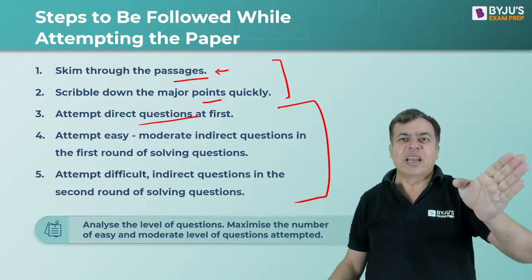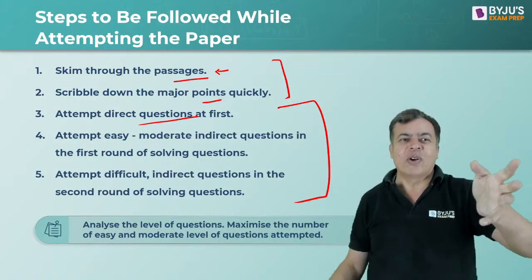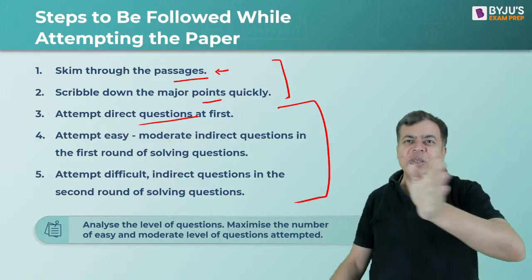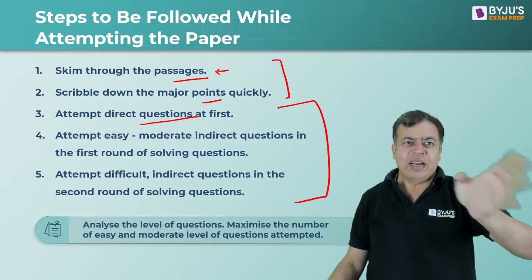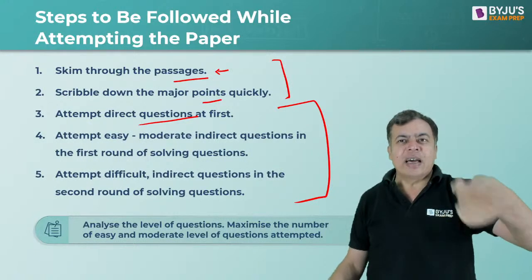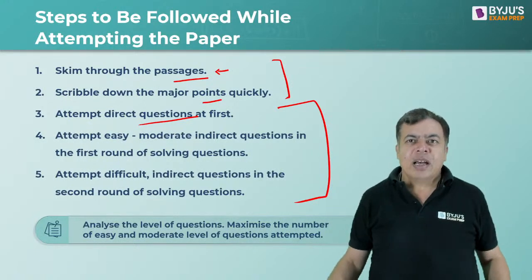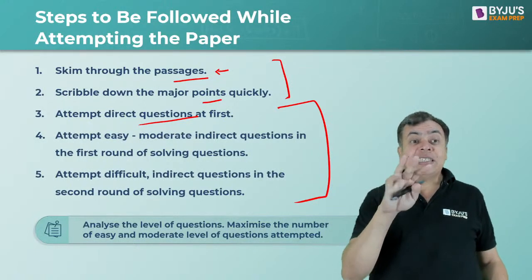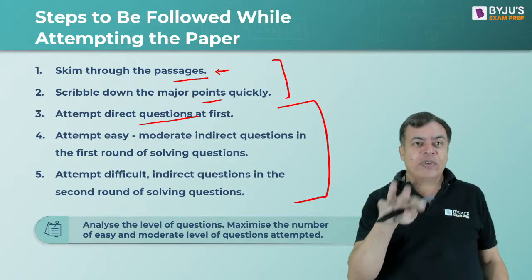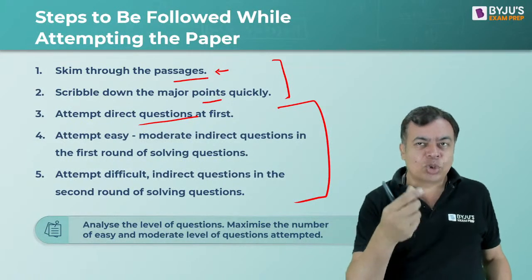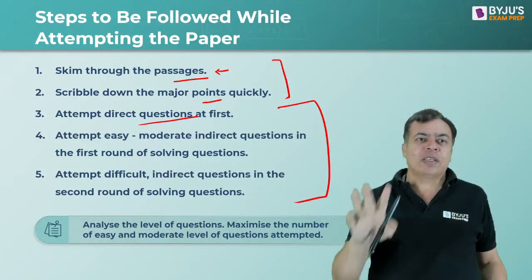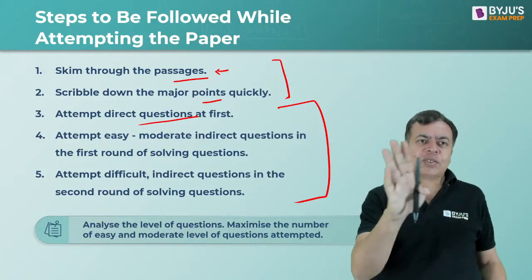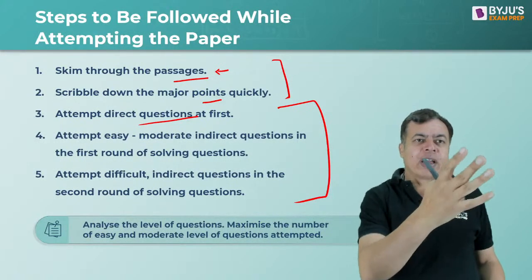When you are doing, let's say, the quant section, you go through that entire section and first attempt whatever are the direct questions. Then you note down whatever easy or moderate, even indirect questions where you need to solve some part of it. So first was only looking and answering.